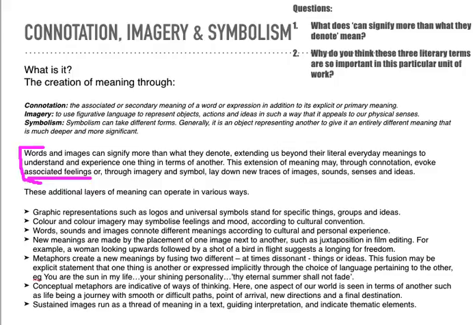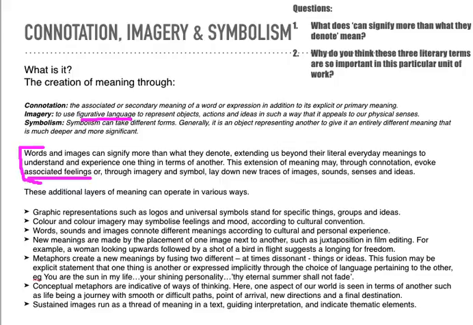This is very important when we're looking at poetry. In imagery, we're using figurative language to represent objects, actions, and ideas in such a way that it appeals to our physical senses. And of course, there's going to be symbolism throughout the text as well.